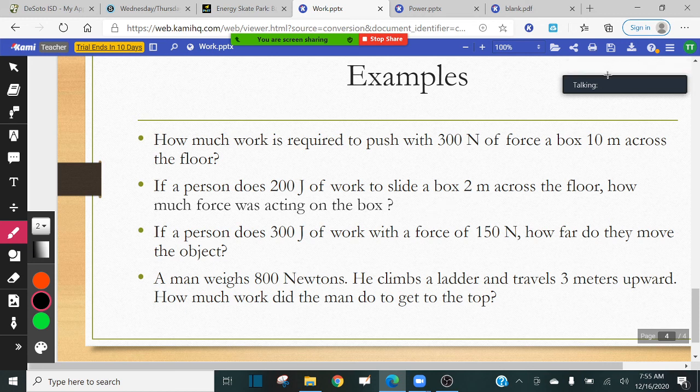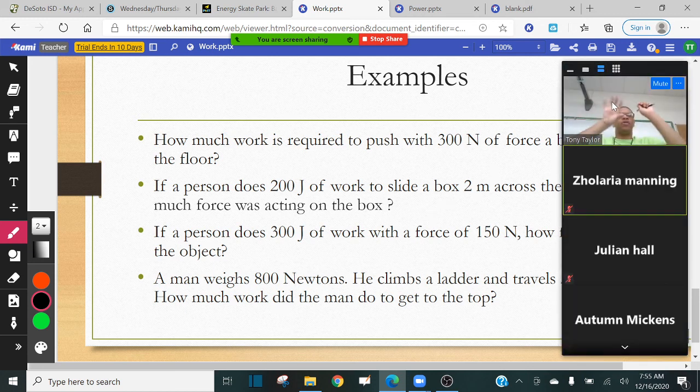Guys, if you're climbing a ladder, here's the basic idea. As you're climbing a ladder, you are doing work against gravity to go to the top. So that means your body has to push off against the force of gravity. So the force of gravity is what goes into this equation to solve for work.